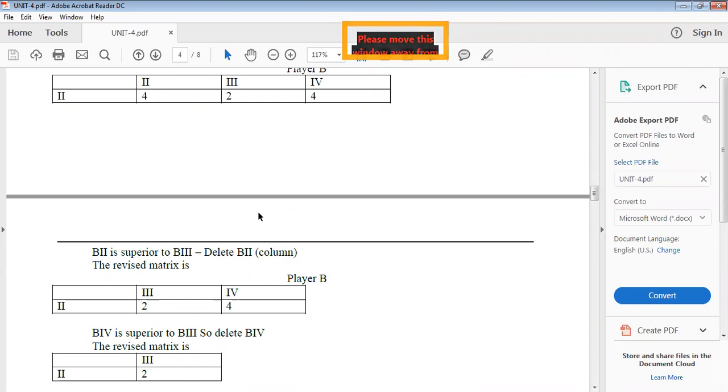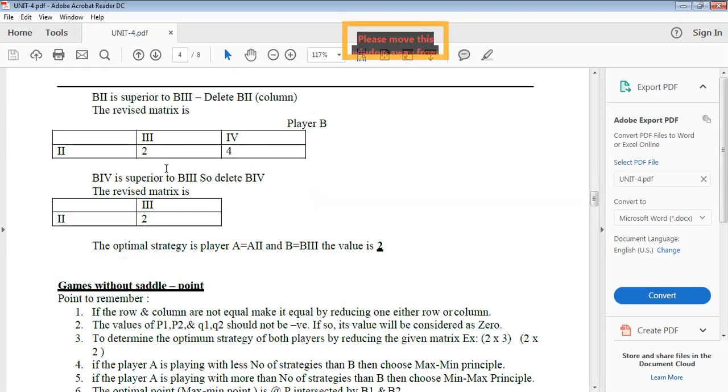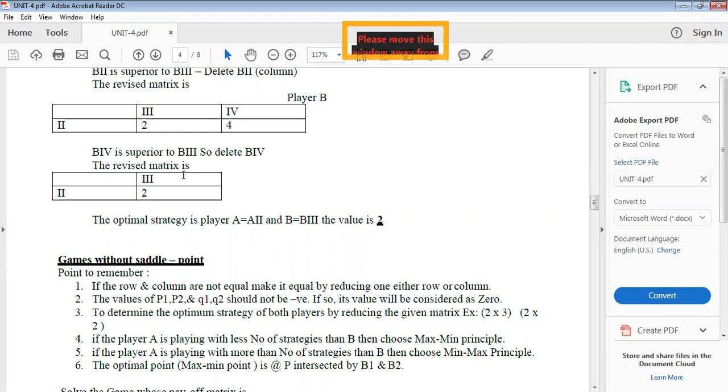Where row minimum and column maximum together match at one point, that is going to be called the optimal strategy of the players. So in this particular thing, again, this is also the dominance principle, what we are going to call it. In the dominance principle, one row will dominate the other row, and the row which is inferior has to be removed.